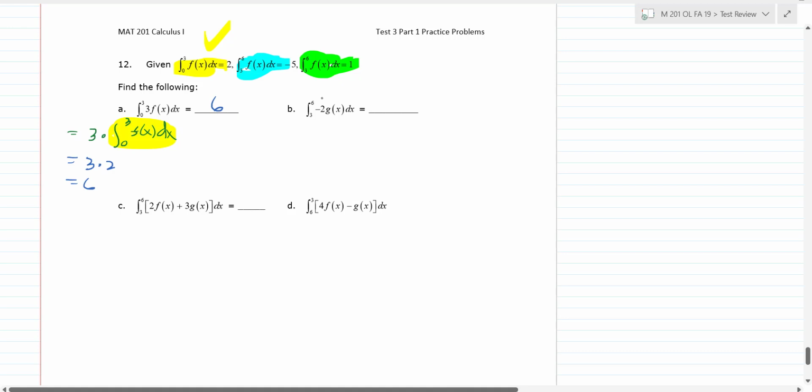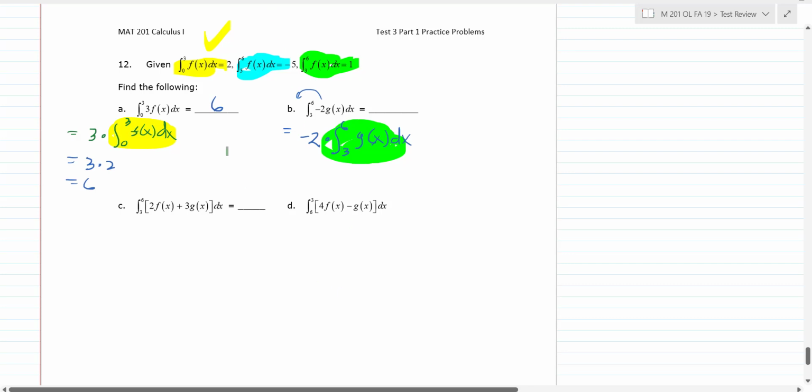The next one, you can do kind of the same thing. You can bring out the negative 2. So let's write this as negative 2 times the integral from 3 to 6 of g of x dx. We have to see, did I give you the integral from 3 to 6 of g of x dx? Yes, I gave that right here as 1. So that matched up.